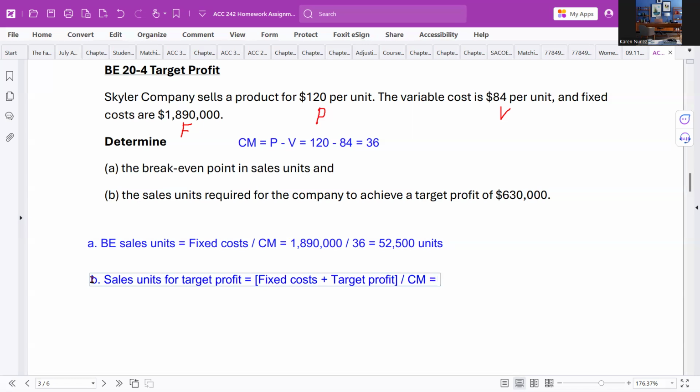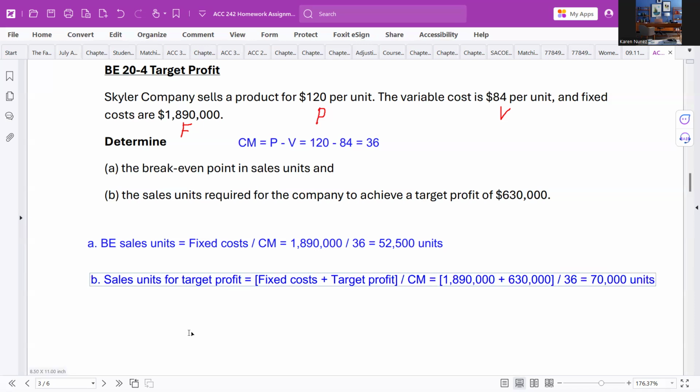So now we're saying we have those fixed costs of $1,890,000, plus we want to be able to generate a target profit of $630,000, and we want to do all of this generating a unit contribution margin of $36 per unit. So we need to be able to sell 70,000 units of product.